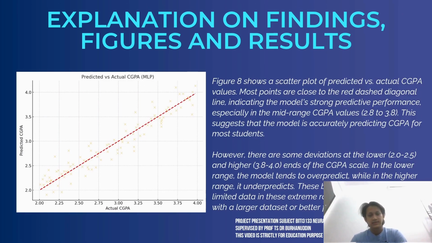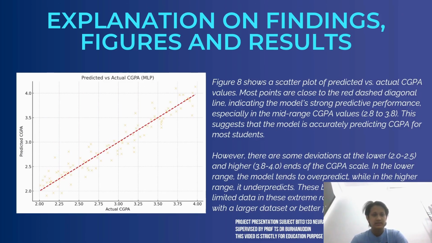As you can see, the slide shows the scatter plot of predicted versus actual CGPA values. The diagonal line indicates that data points lying on the diagonal mean there is no bias and the prediction is very accurate.